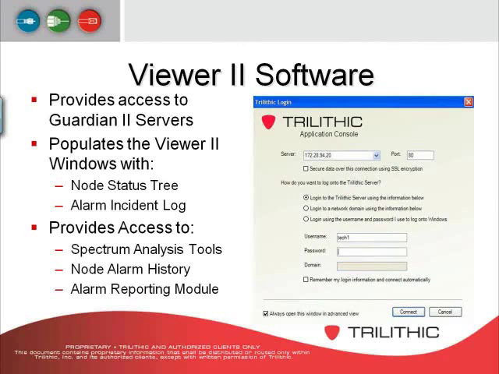So like I said, it provides the access to the Guardian 2 servers. It populates the Viewer 2 windows with node status trees, alarm incident logs, and it provides access to spectrum analysis tools, node alarm history, and alarm reporting modules.